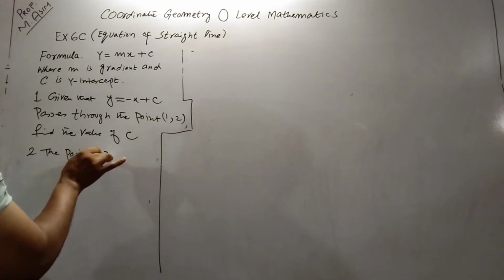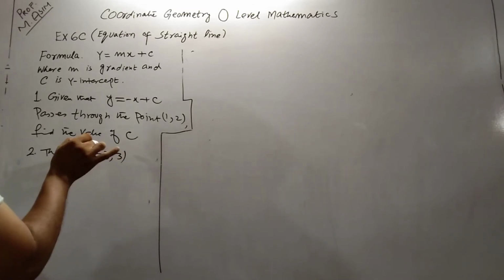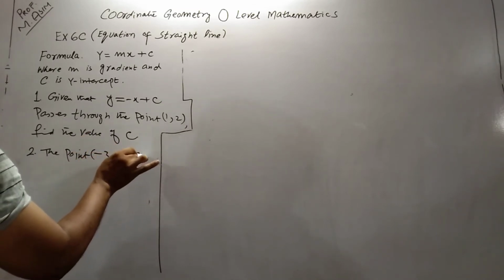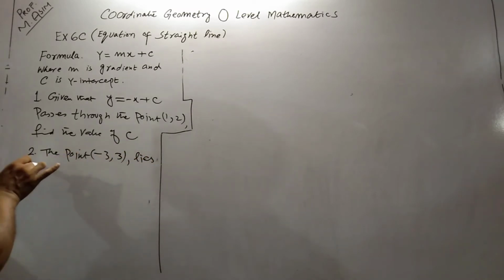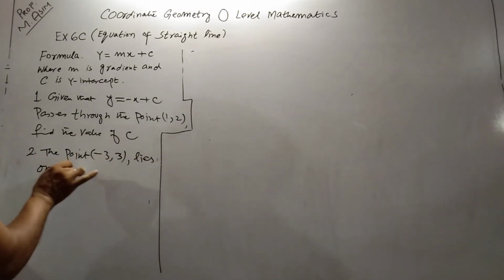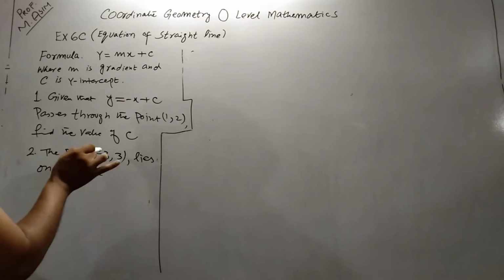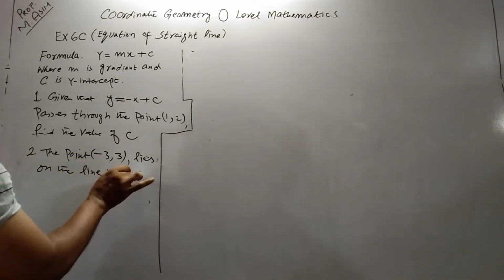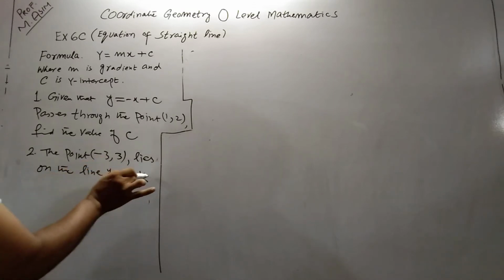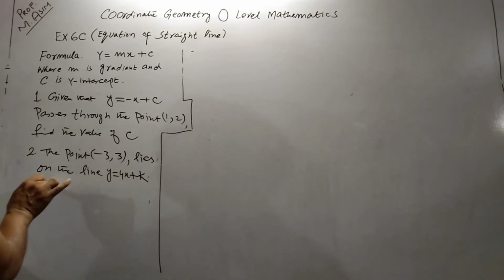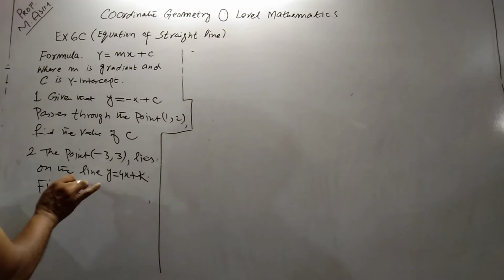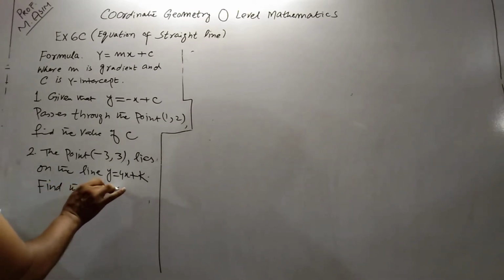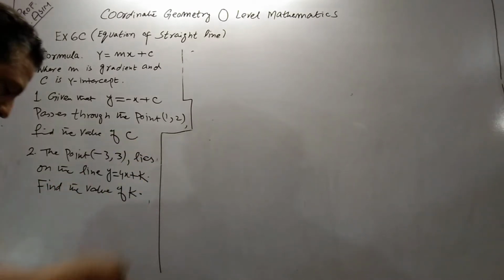(-3, 3) lies on the line y is equals to 4x plus k. Find the value of k.